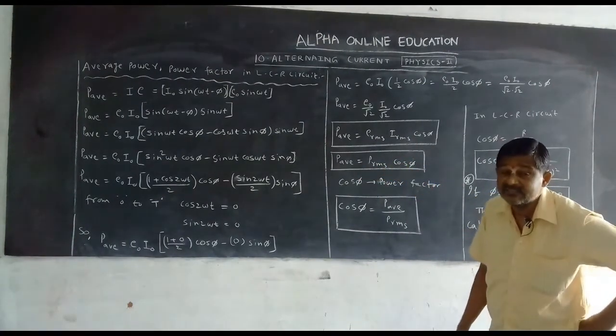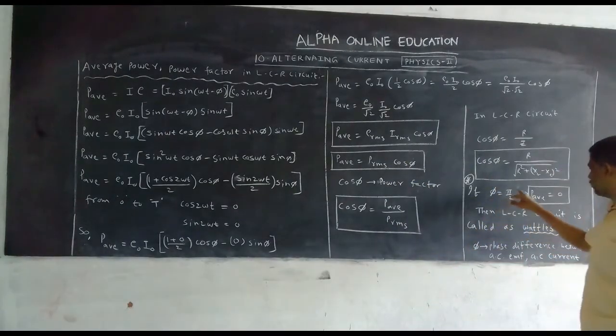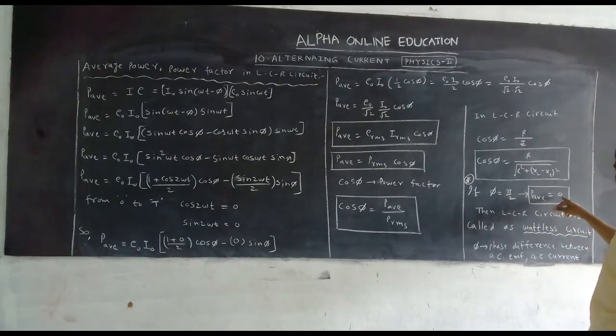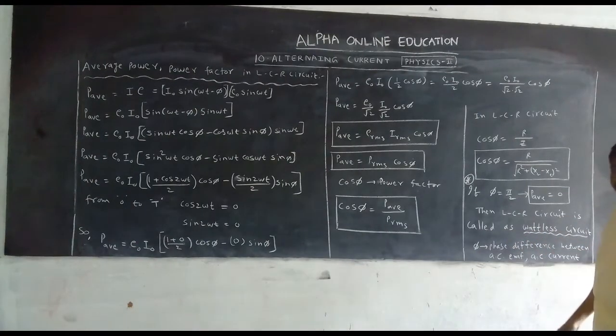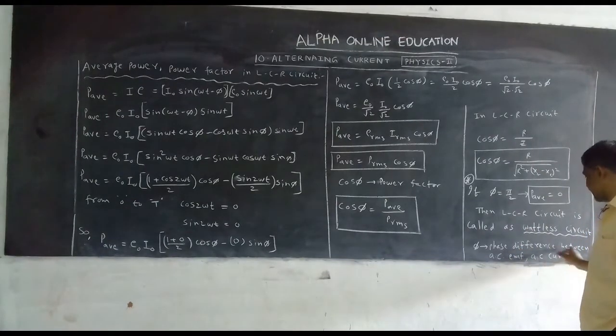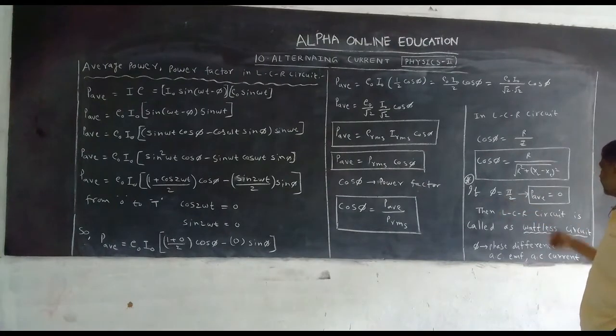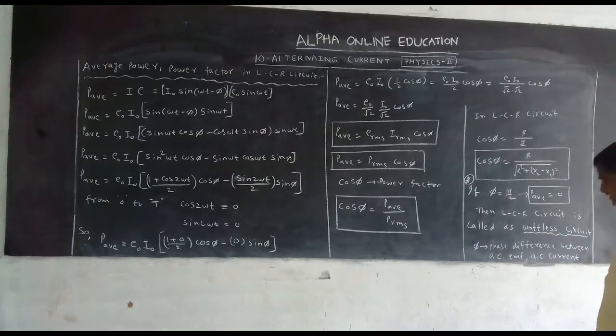What is the unit of power? Watt. That's why if phi is equal to pi by 2, the average power is equal to 0, and then the LCR circuit is called a wattless circuit. Means in the LCR circuit, the phase difference between AC EMF and AC current is 90 degrees, the average power is 0, then the LCR circuit is called a wattless circuit.